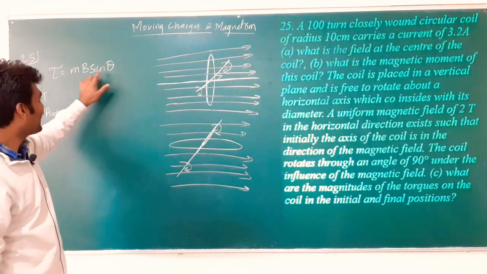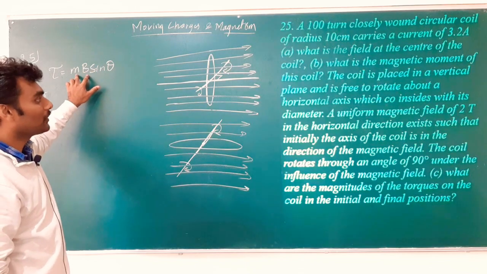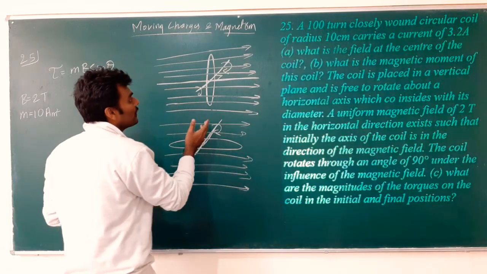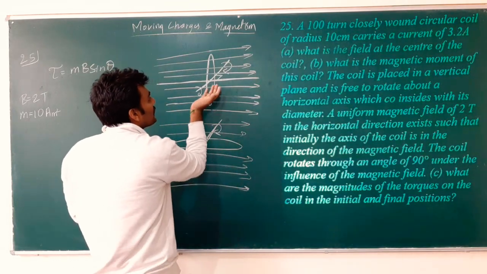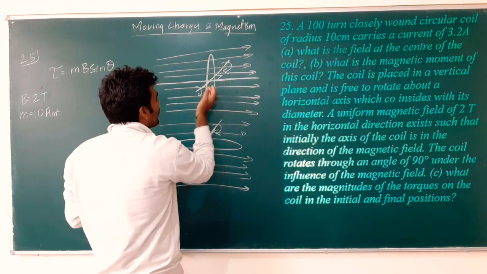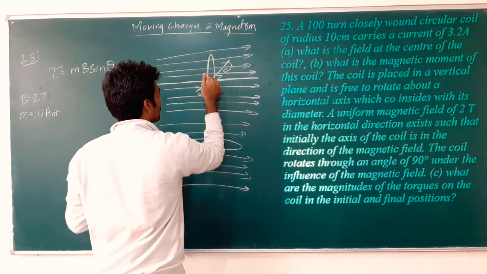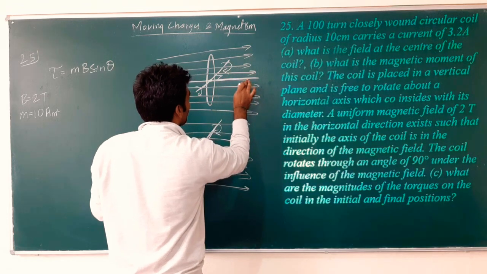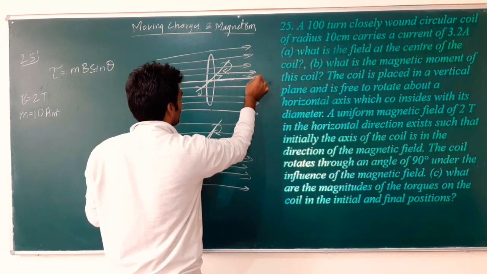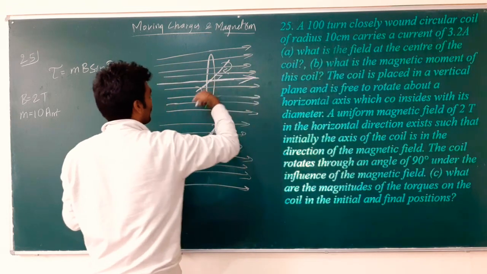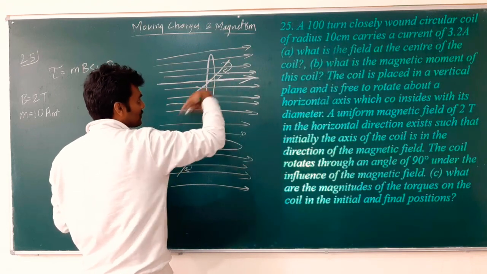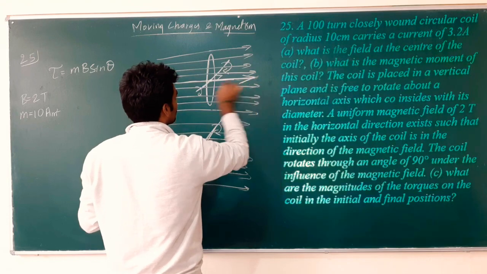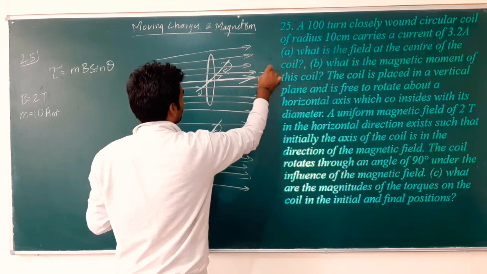Now look at this, theta is the angle between m and B. What is the direction of m? See, direction of m is always normal to the plane. Say if the current is flowing like this, the axis of the coil, not the axis of rotation, the axis of the coil itself will be the direction of the magnetic dipole moment, right?